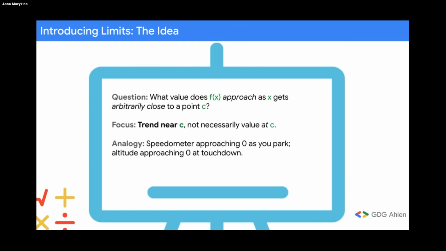Or consider tracking an airplane's altitude as it lands. As time approaches the touchdown moment, the altitude approaches 0, regardless of what the reading is exactly at the moment of touchdown, if there even is one. Limits capture this crucial idea of an approaching value.